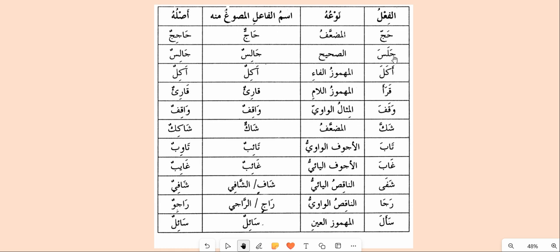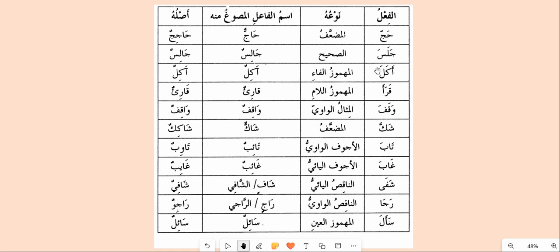Or do you find any weak letter? If you don't, then that verb is a sahih. So jalasa doesn't have hamza, doesn't have the waw or the long vowel alif or the weak letter alif maksura or the ya. So it's a sahih. And making it on the ismun fa'il, fa'ilun, jalisun. So you have the original scale. We use this scale only, jalisun.